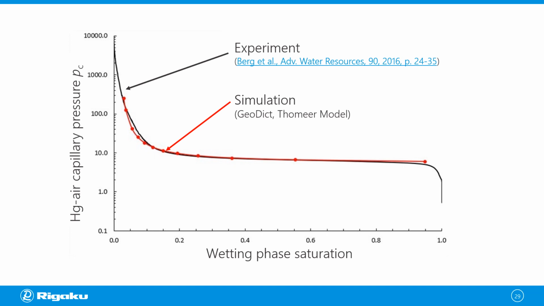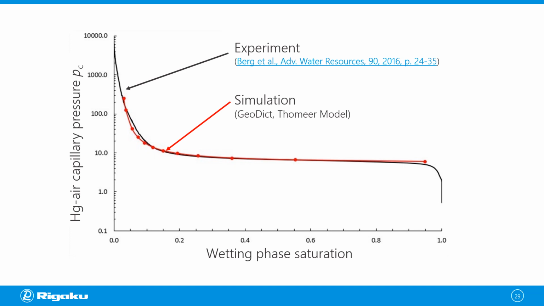As I understand it, GeoDict went through multiple generations of this simulation, and it got closer and closer and closer to the experiment, and now it's very close to the experiment, and you can use the simulation with confidence that your simulation is as close as you can see in this graph to the experiment.